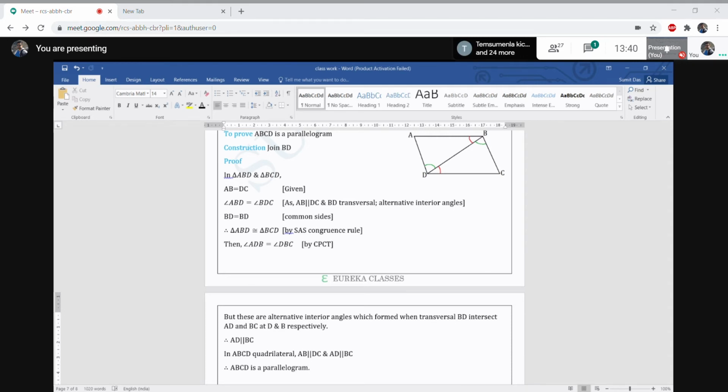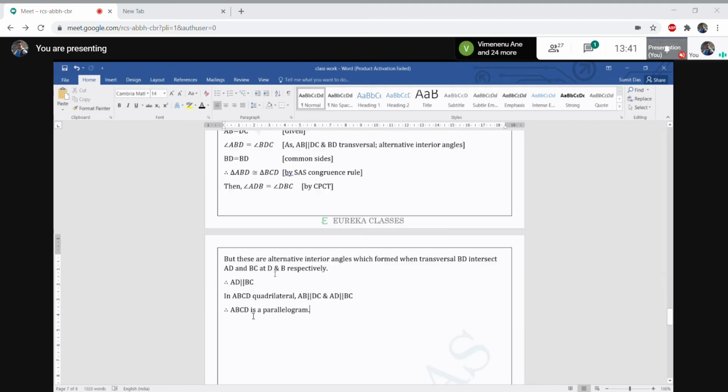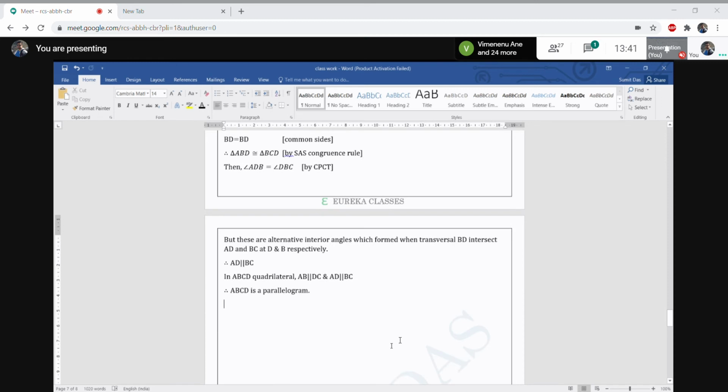So this is the proof of this theorem. There are another two theorems, but that will be done after exercise 8.1. After that we'll discuss exercise 8.1.